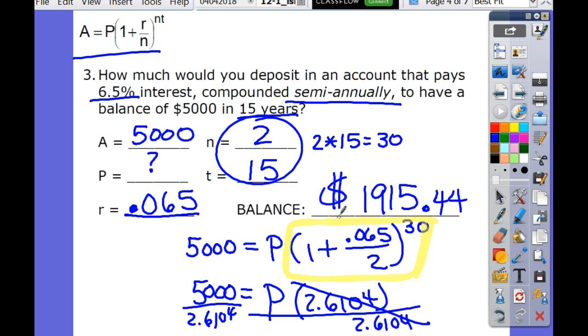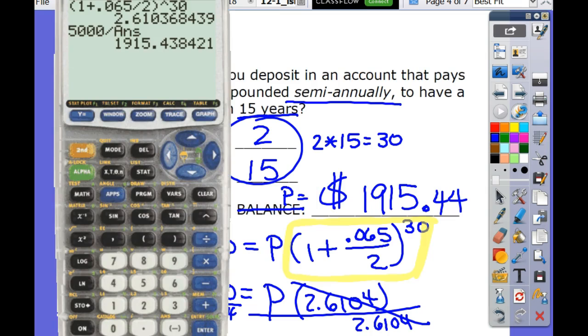1915.44. And this is the P. That's what the P is equal to. Now, if you typed in that number instead of using the answer function, 2.104, you will get a slightly different answer, 2 cents difference.